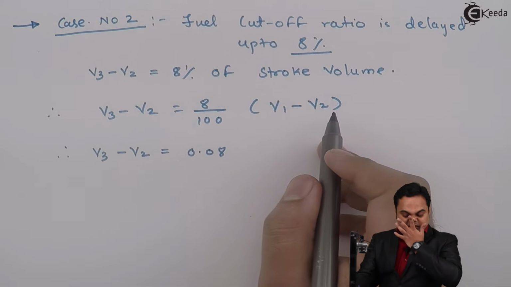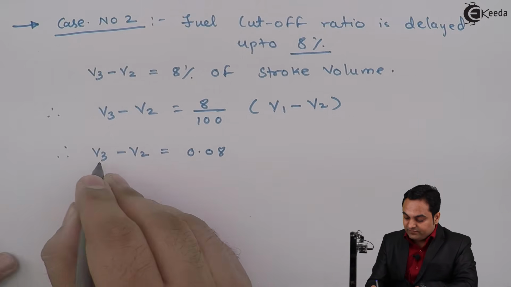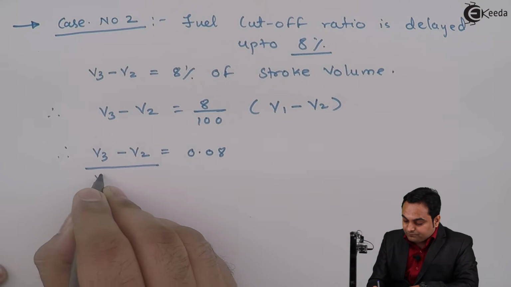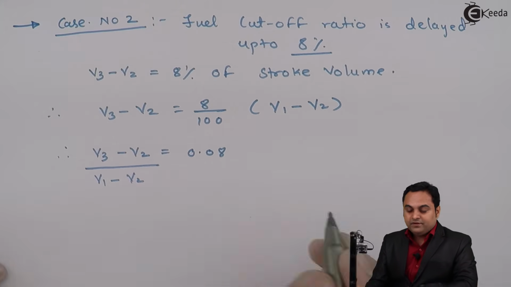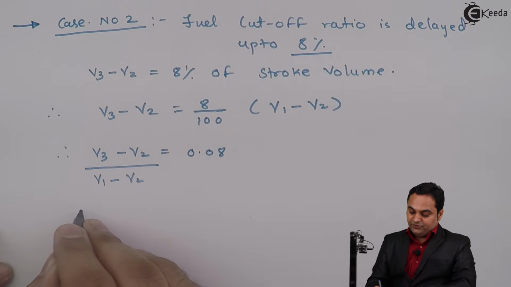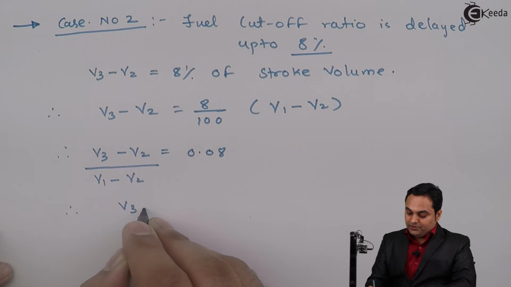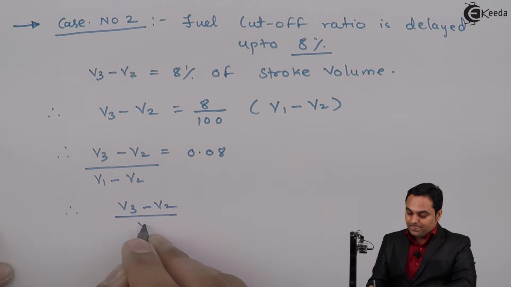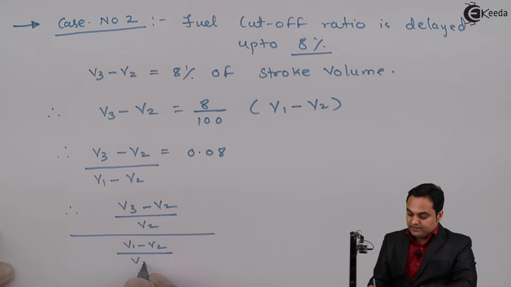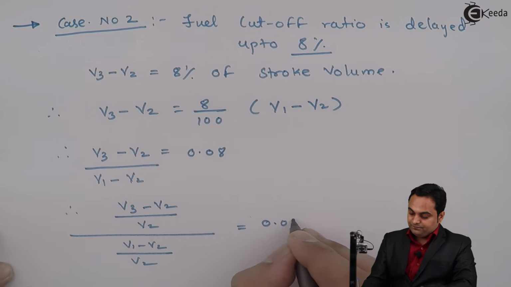This V1 minus V2, when it gets shifted onto the left hand side, here we have V1 minus V2. So now I'll divide the numerator and denominator both by V2, as I have done for case number 1.